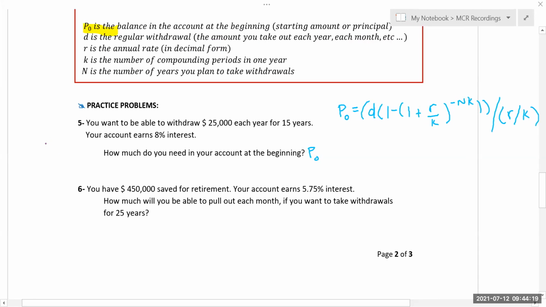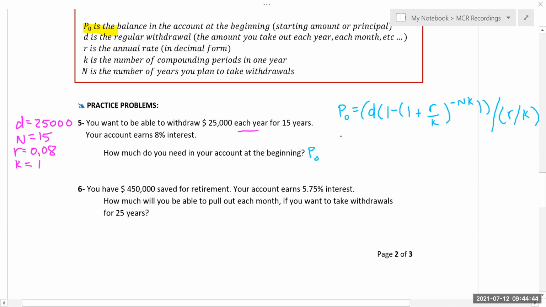So we've got some information. D is that we want to withdraw $25,000 a year. N is 15 for 15 years. R is 0.08. And then if we look at the other information, each year, so that's going to be also our compounding number. It's going to be one time per year. And then that should be all the information we need.